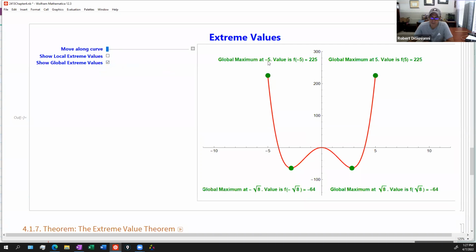The global maximum that happens at -5, the value is 225. That's this one. The global maximum at 5 has the same value, 225. So the global maximum value is 225. The global minimum value is -64. Don't worry about how I got these numbers. The numbers are just for this specific function, which I haven't even told you what the function is. So that's our global information.